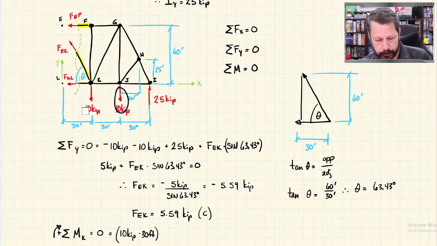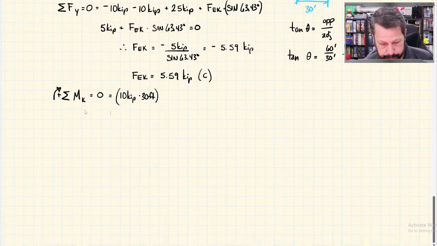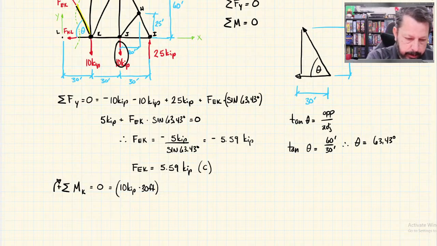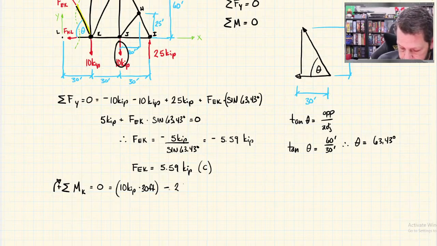Let's do the 25 kip. It's going counterclockwise, and it has a 60-foot moment arm. That looks like I wrote 30 degrees there. I meant 30 feet. So minus, because it's going counterclockwise, 25 kips times 60-foot moment arm.